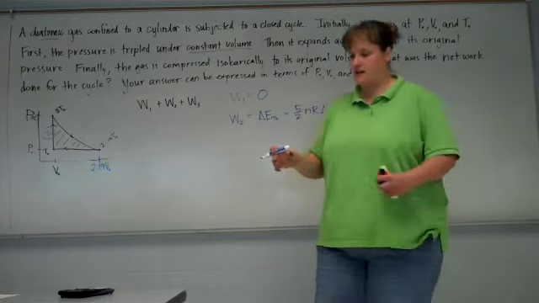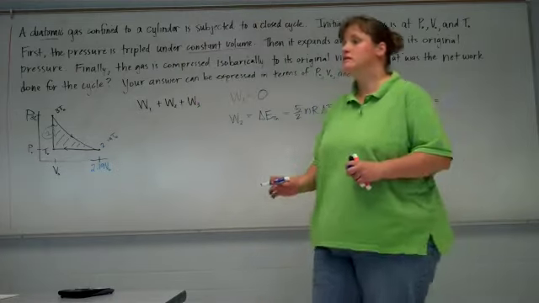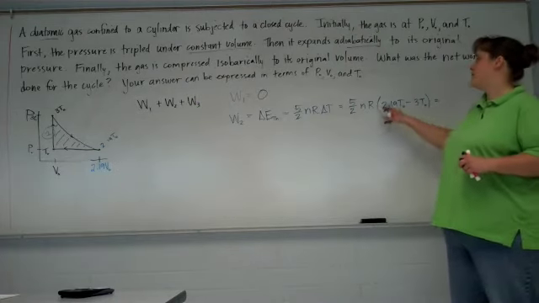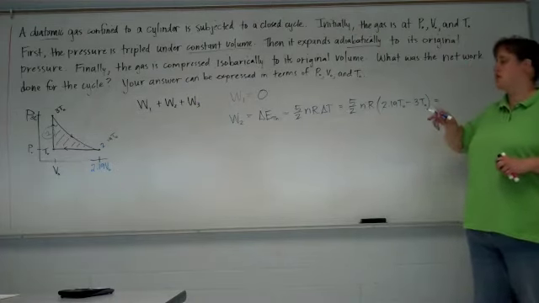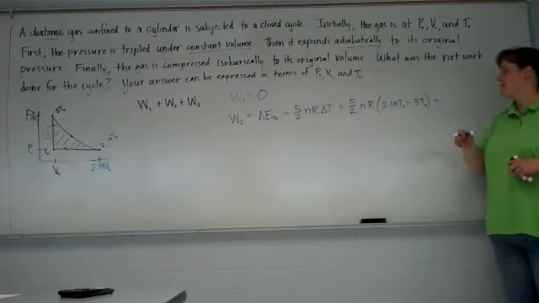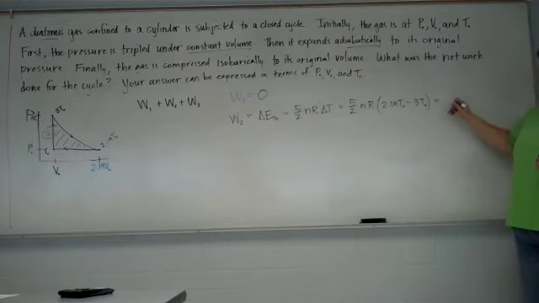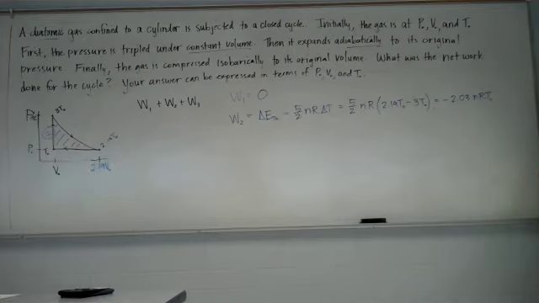Multiply that by 5/2 too, and we get minus 2.025 nRT naught. Our answer cannot be in terms of n and R though.